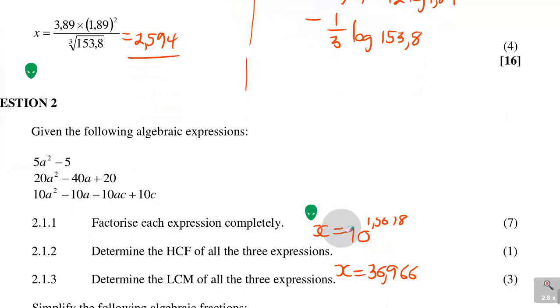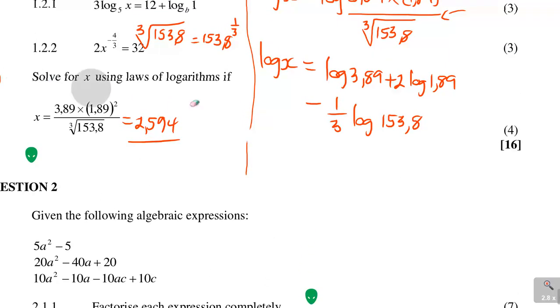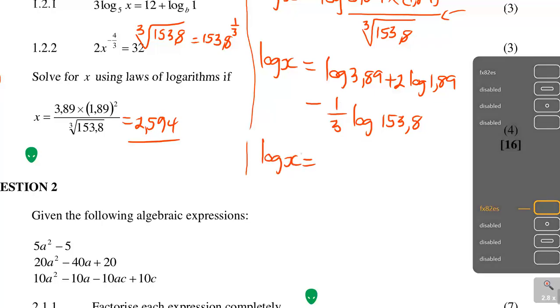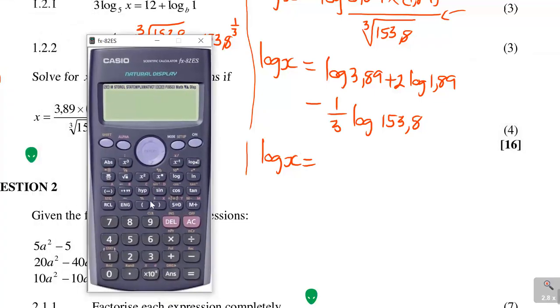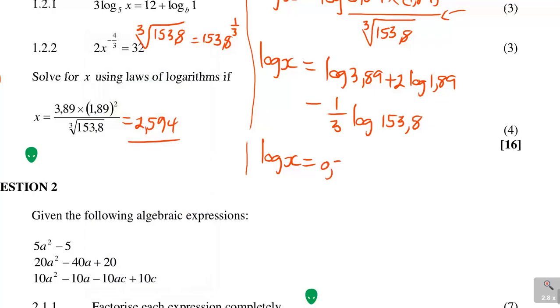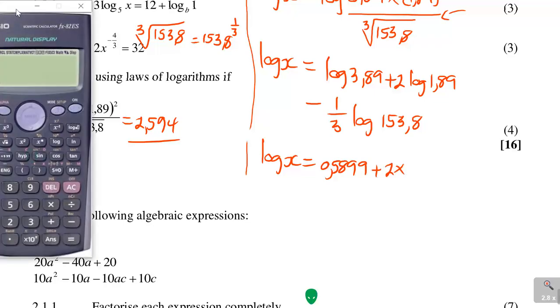Okay, unfortunately I erased everything here, so I need to enter the values again. But if I didn't erase, I was going to use the same values anyway. So I've got log x is equal to, I enter those values again, which is log 3,89. Don't forget that I was supposed to subtract instead. 0,5899 plus 2 times log 1,89. What did we get?